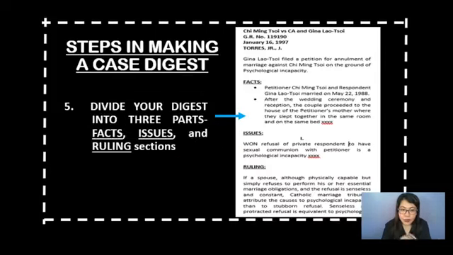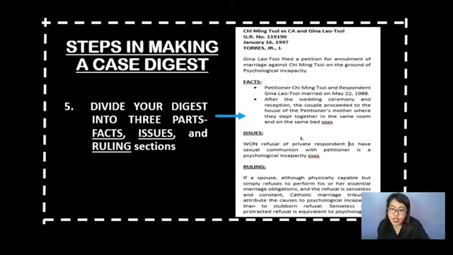Okay? Then, we go to number 5, where you basically just divide your digest into 3 parts: the facts, issues, and ruling. So, we have a picture here, which is an example of the case digest I made for the case of Chiming Choi versus Court of Appeals and Gina Lau Choi. So, right after the thesis statement are your facts, next to that are the issues, and then the ruling of the Supreme Court.